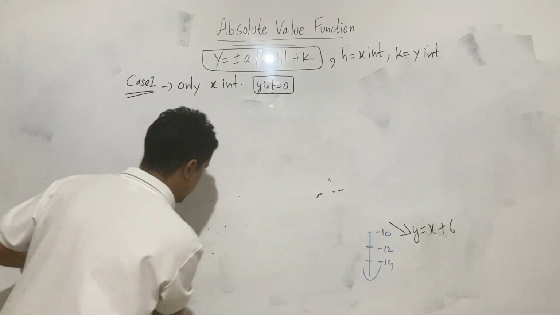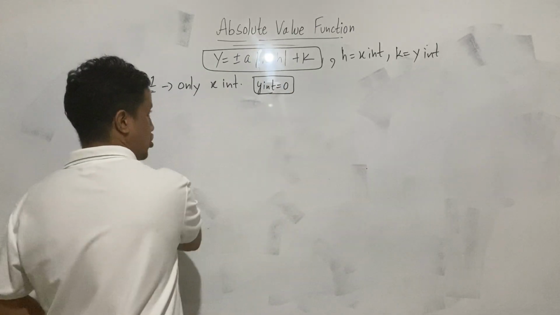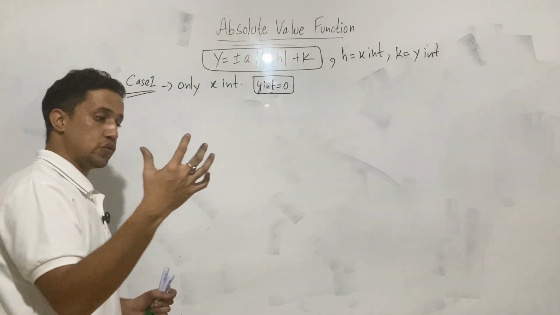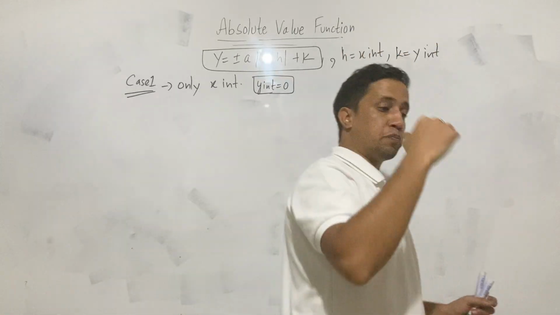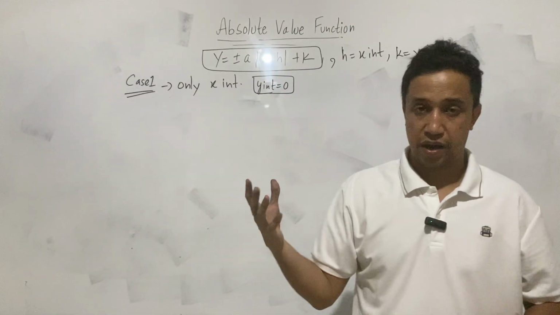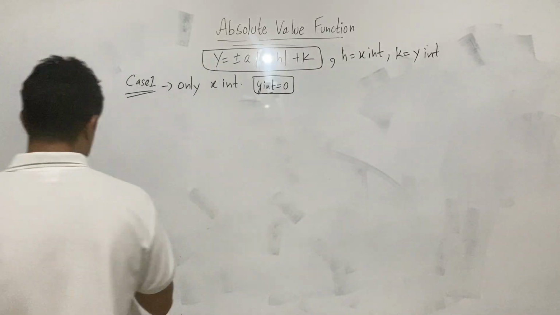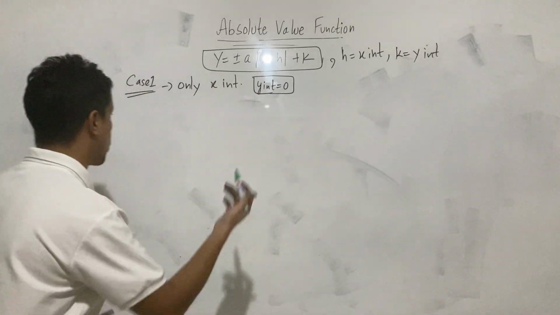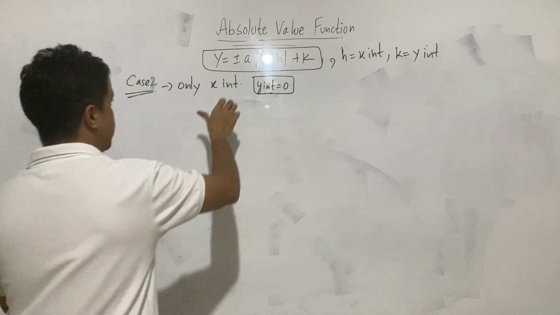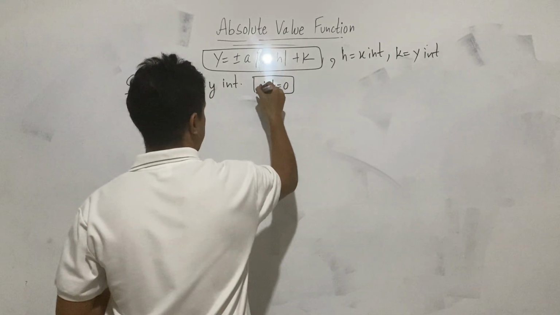Nothing is going to change, but this time we are going to suppose that the x-intercept is 0 and we have a y-intercept. Okay, see here, let's do it with a question. Case 2, only y-intercept, your x-intercept is 0.